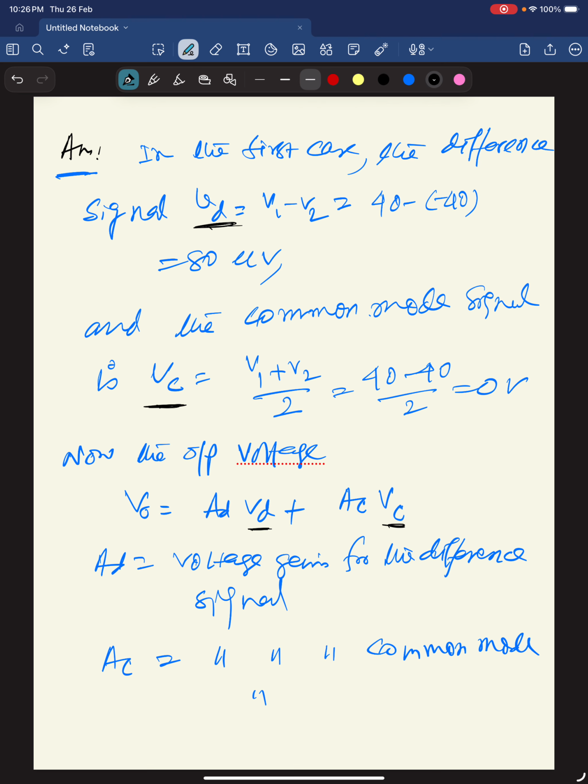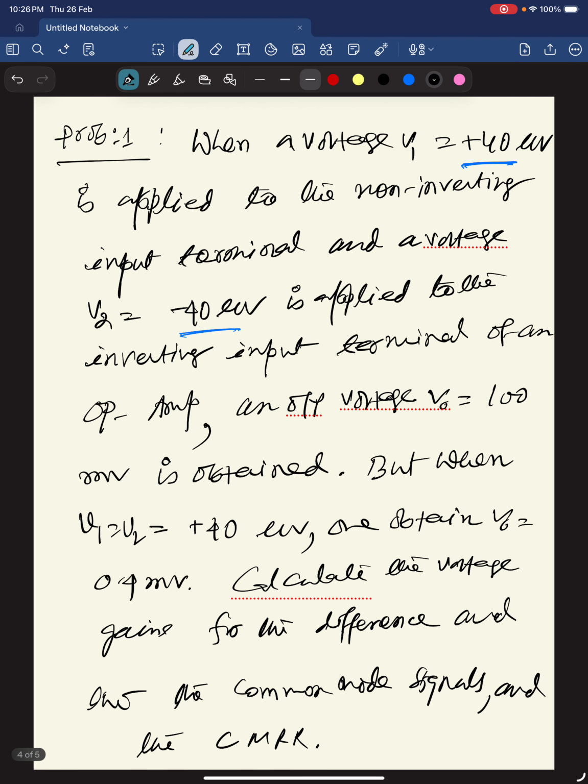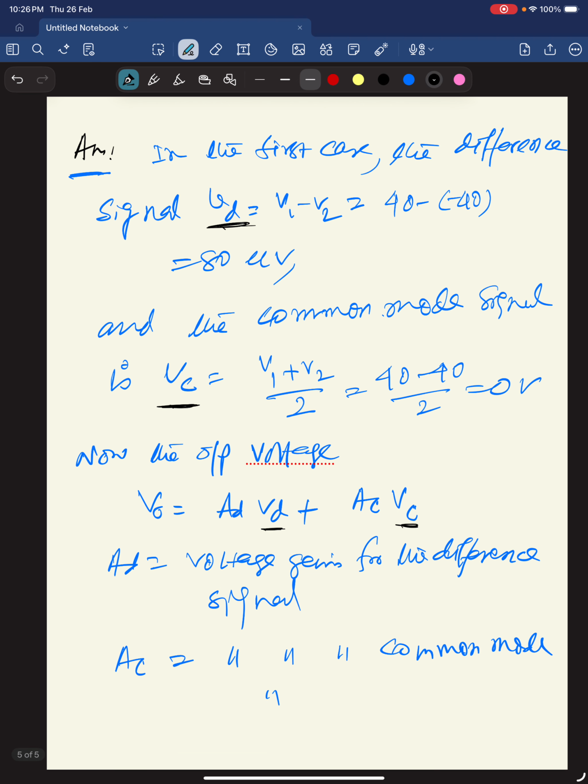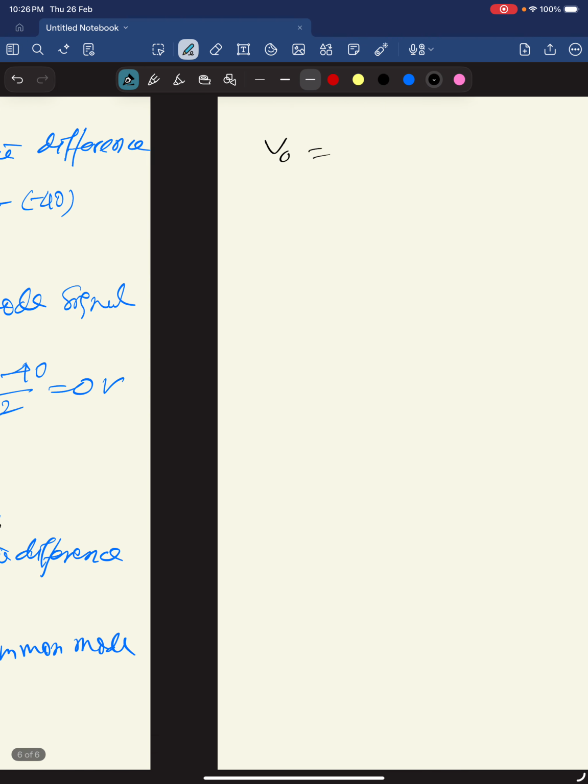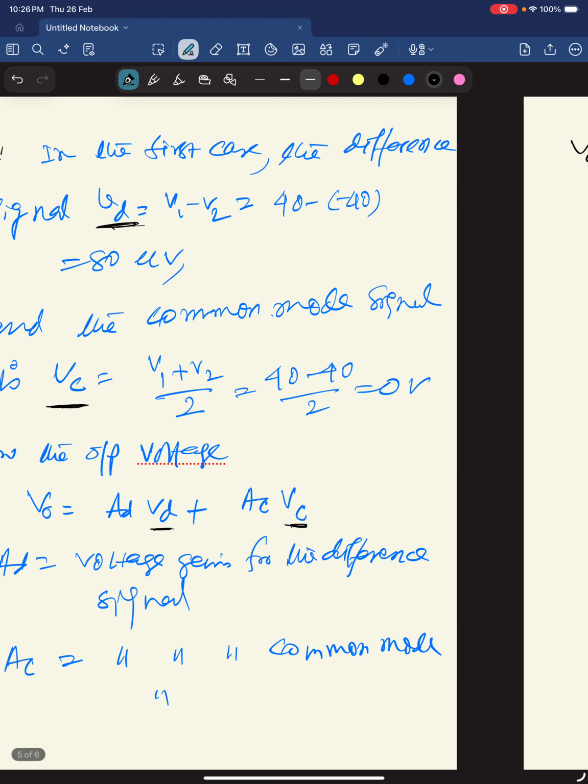Now V0 is equal to 100 millivolt, see the question. V0 is equal to AD VD plus AC VC. But here VC is equal to 0.